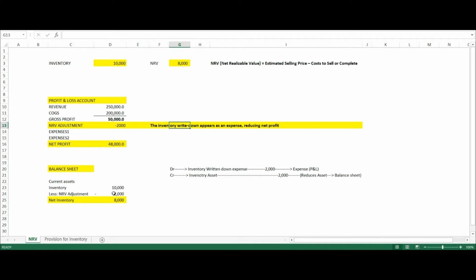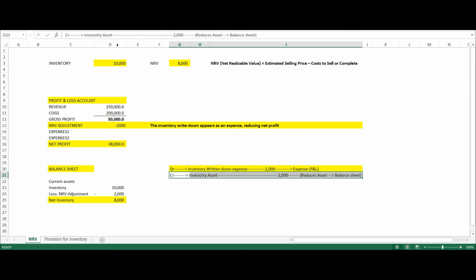And as far as the balance sheet is concerned, you will immediately reduce the amount of inventory by 2,000. So inventory is 10,000 minus 2,000, so 8,000. In simple terms, you will record an expense of 2,000 and you will reduce the inventory by 2,000.